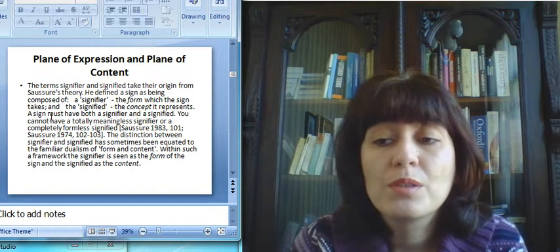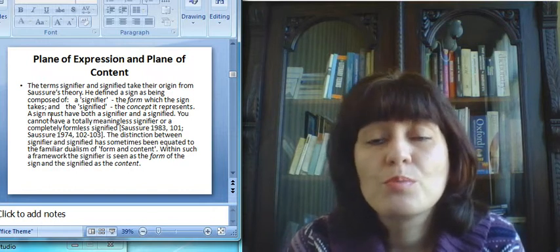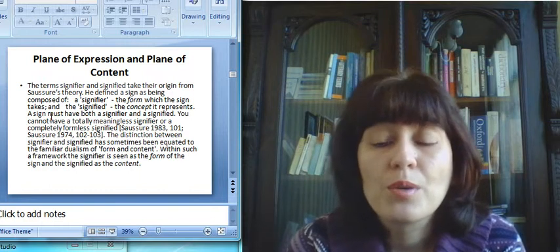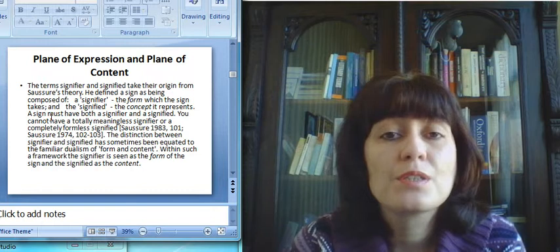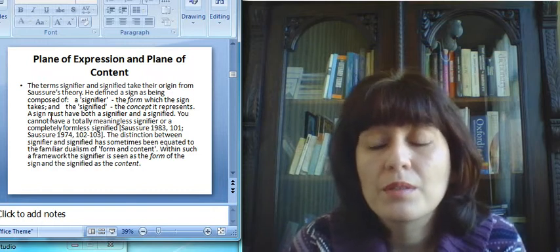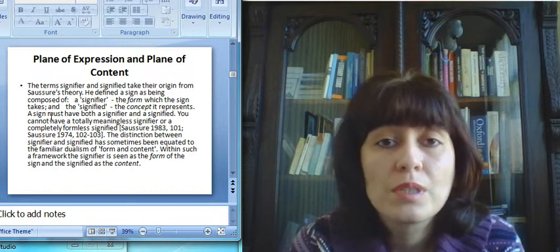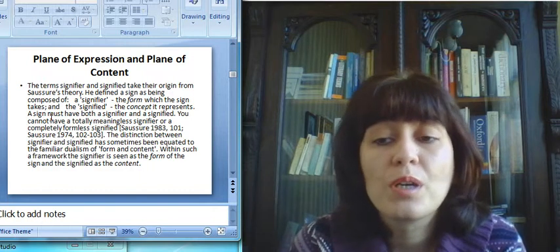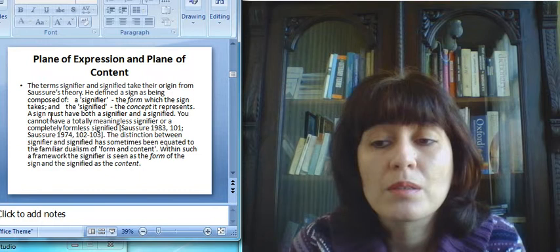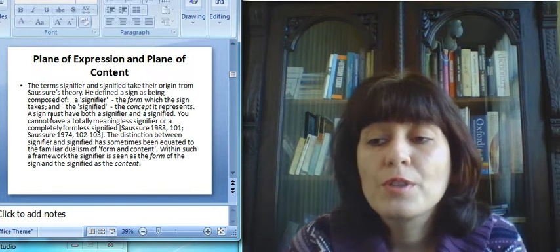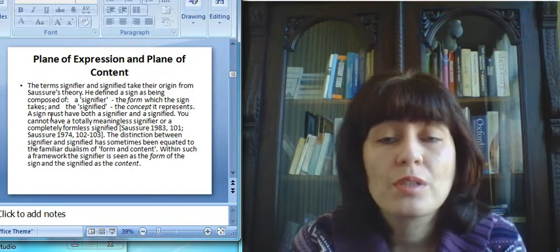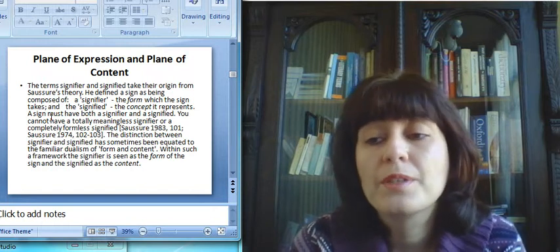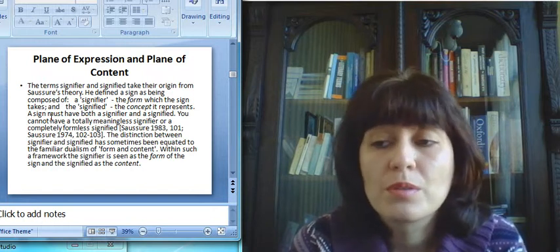A sign is a recognizable combination of a signifier with a particular signified. And as we have already mentioned, Louis Hjelmslev used the terms expression and content to refer to the signifier and signified. The distinction between signifier and signified has sometimes been equated to the familiar dualism of form and content. So within such a framework, the signifier is seen as the form of the sign and the signified as the content.